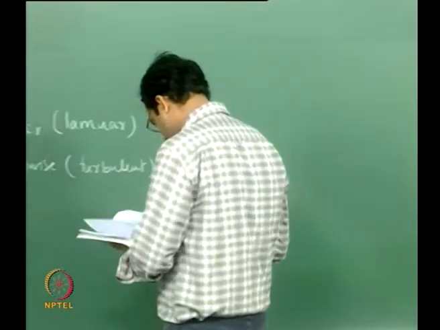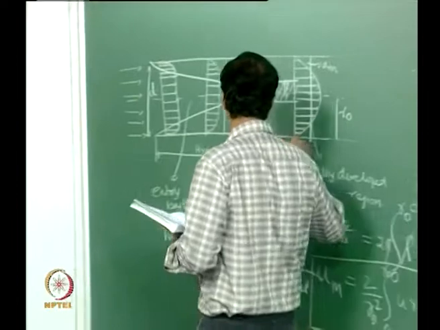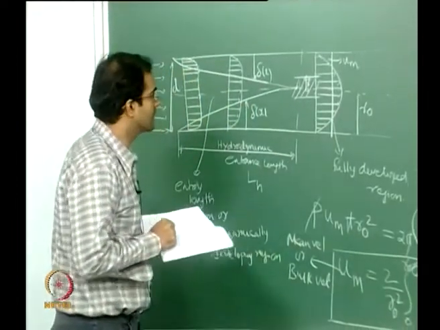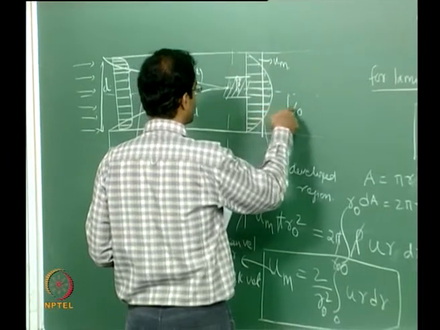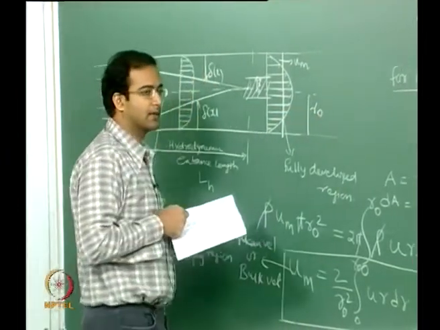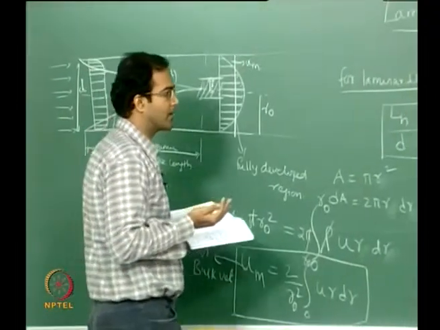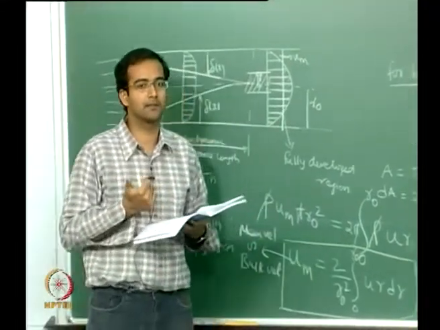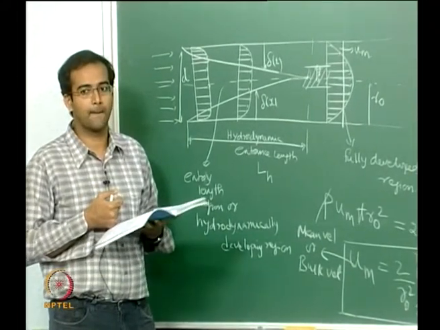Now, the condition that you have to apply to determine that the flow is fully developed. You can see from the shape of the velocity profile that if you plot this velocity profile somewhere downstream, they are going to all look very similar. So we have to introduce a mathematical criterion. What should the mathematical criterion be?